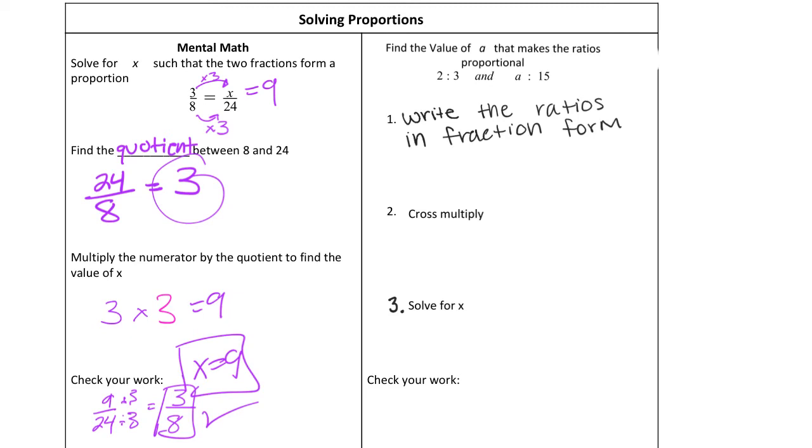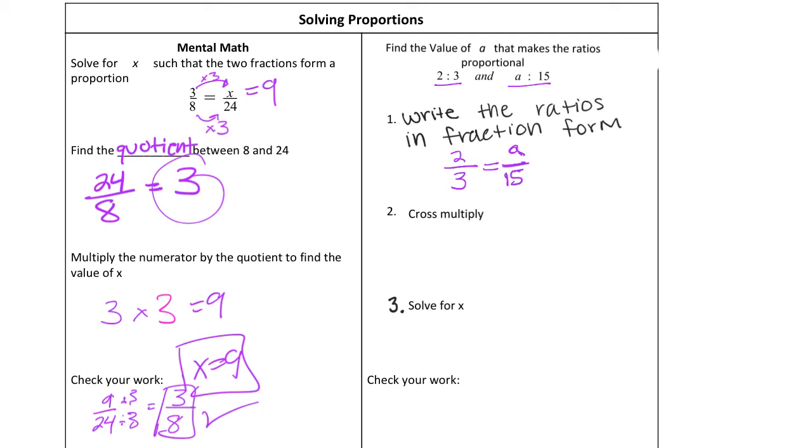Okay, and sometimes you might have a proportion in the form of ratios with a colon in non-fraction form. So the first thing we have to do is, I want to find the value of a so that the ratio 2 to 3 is proportional with the ratio a to 15. So I'm going to write them in fraction form. 2 to 3. I know they're equal because I'm making them proportional.